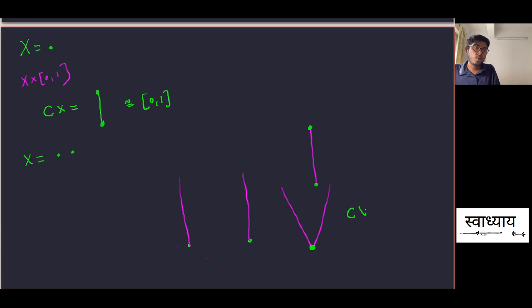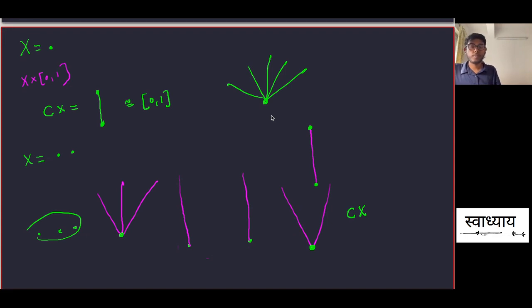This is my cone of X. Similarly, if I take three points, the cone will be this kind of thing. This is basically the cone of three points. So the cone of n points will be n many lines joined at one point.